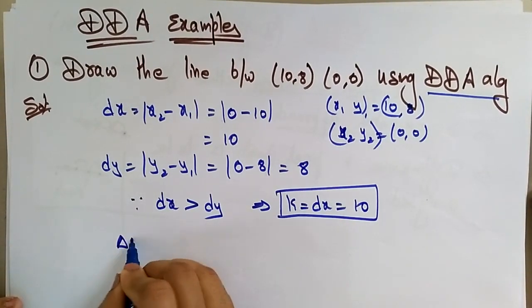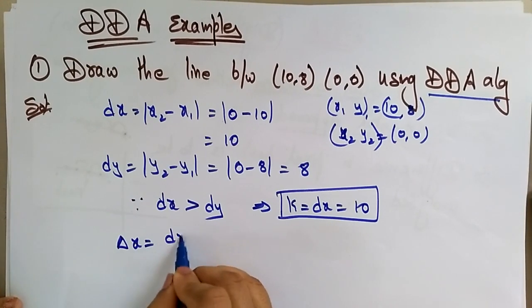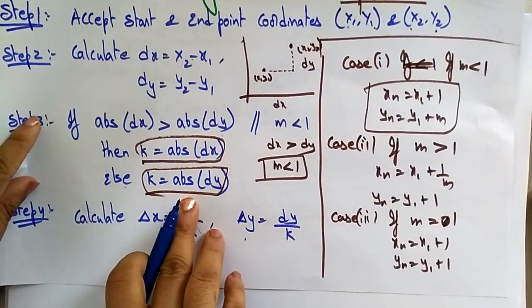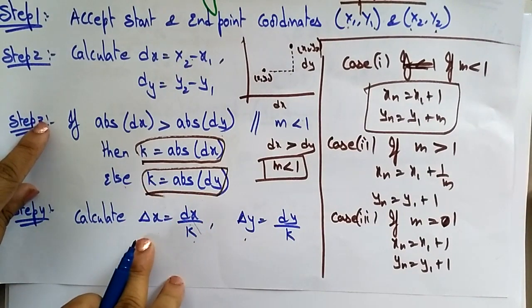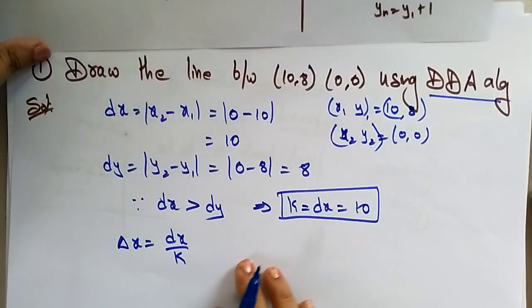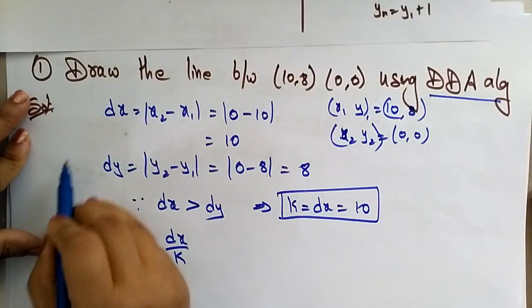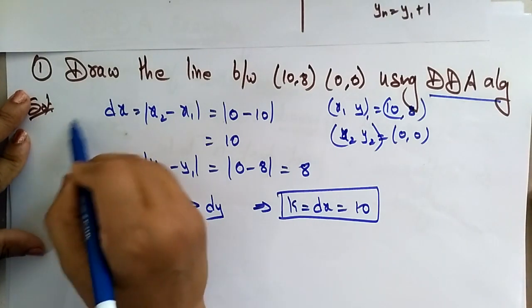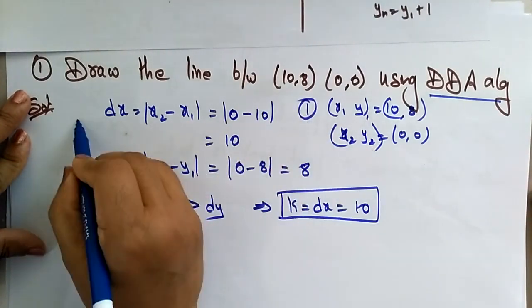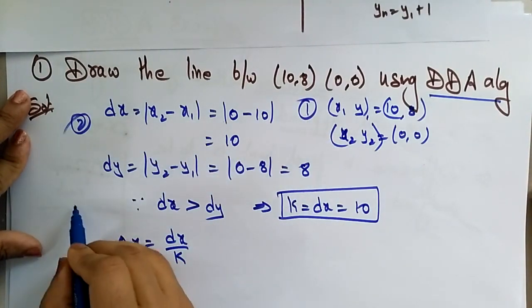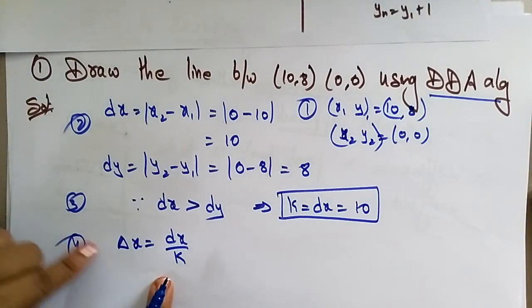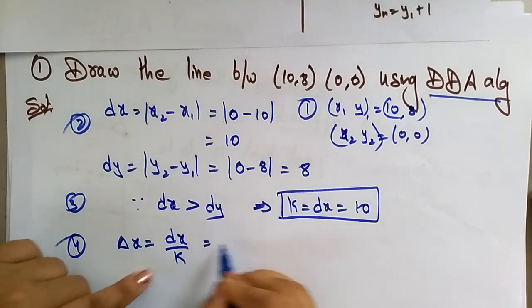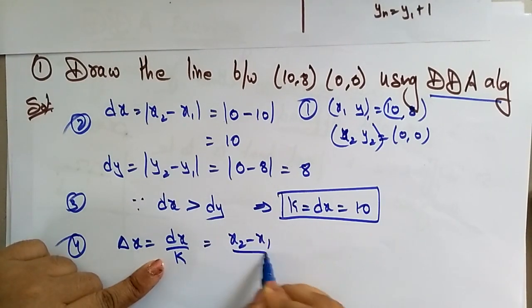Delta x is equal to dx by k. After finding the k value, you need to calculate delta x and delta y, so just apply that formula. Now the fourth step in the algorithm: delta x is equal to x2 minus x1 by k.